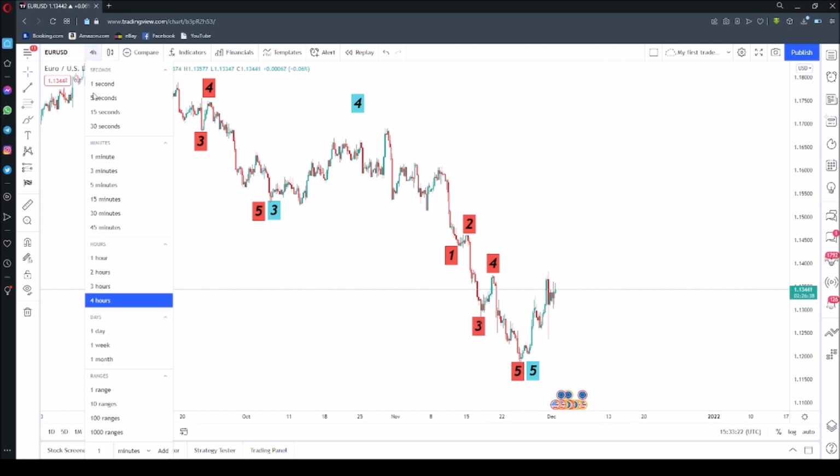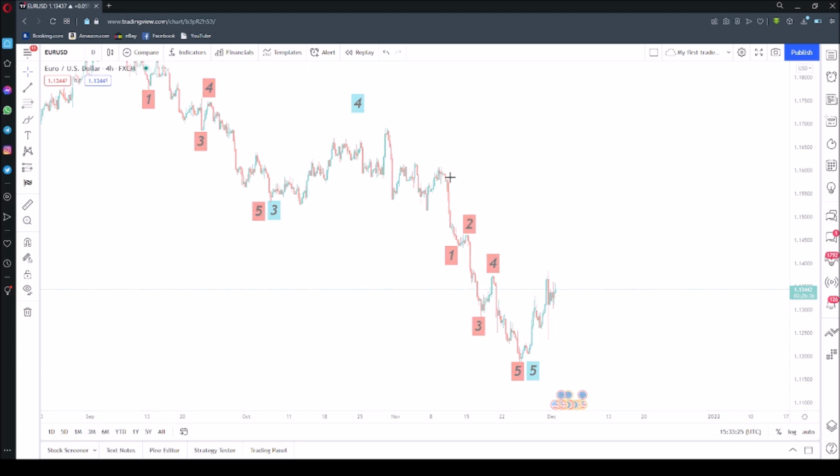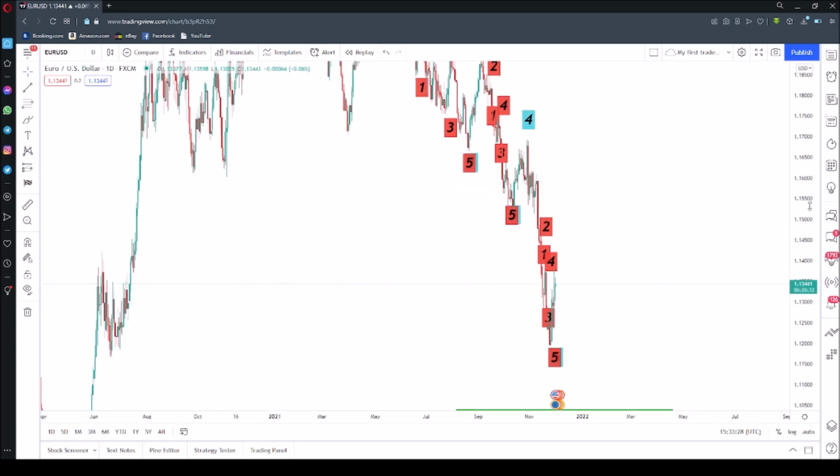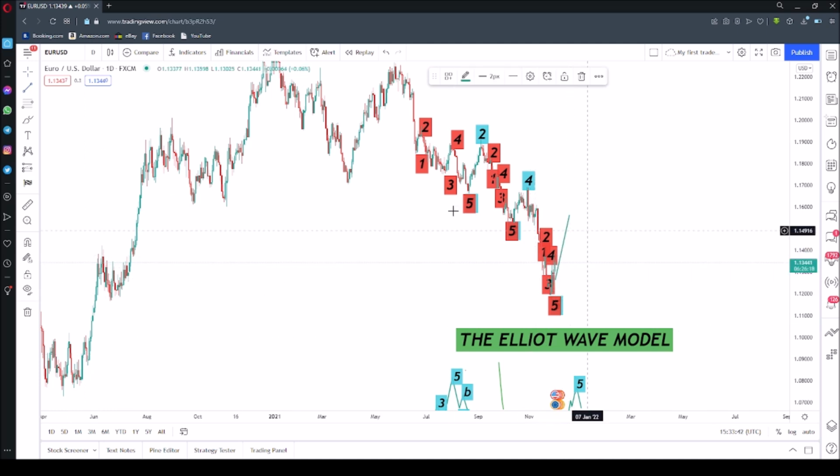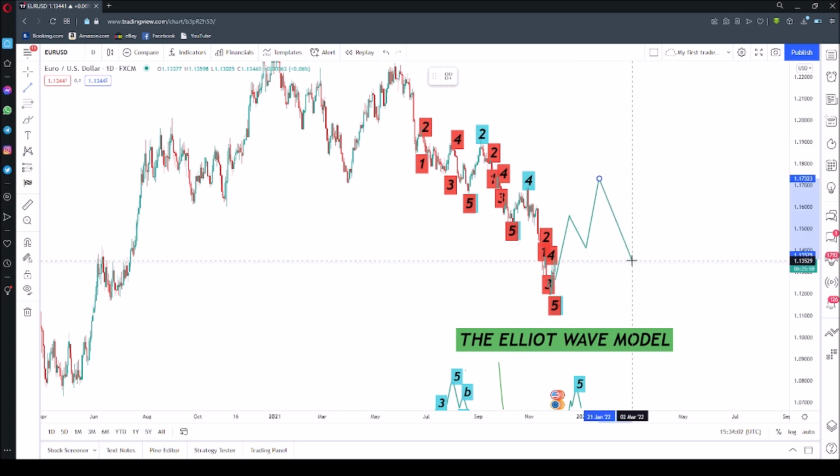So going back on the daily time frame to see how it looks like, this is how it will look like. So in this case, what are we now saying? What we are saying is we are now anticipating to see A, B, C move to fully complete our Elliott wave cycle and probably have our restart of the Elliott wave cycle like this.